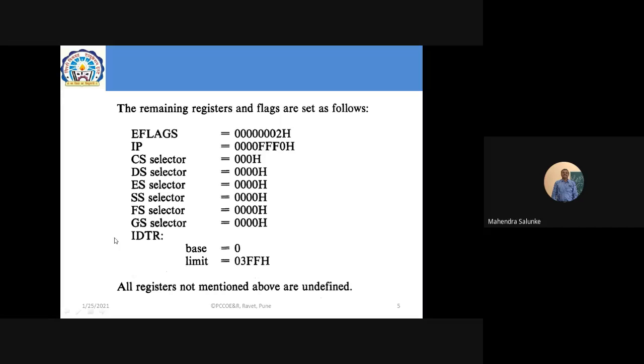These are the initial values after reset, and all registers not mentioned above are undefined in the case of the 386.